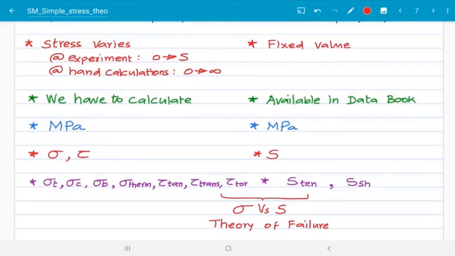Structural area means engineering mechanics, mechanics of solids, strength of materials, structural 1, structural 2, RCC, all the subjects. The heart of structural engineering is theory of failure.